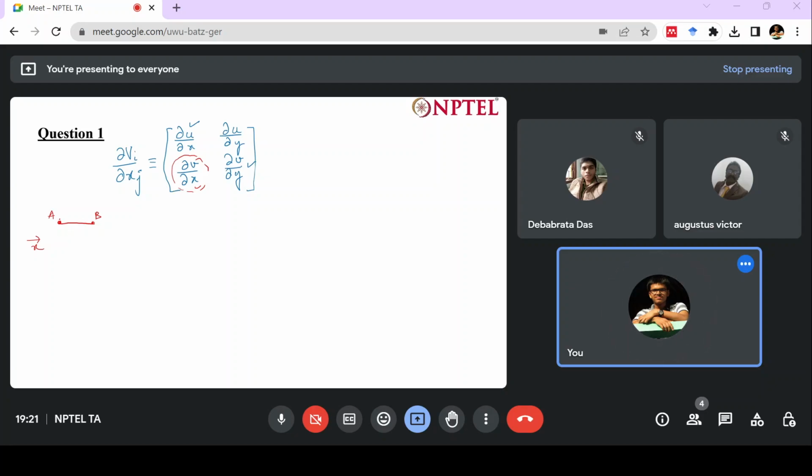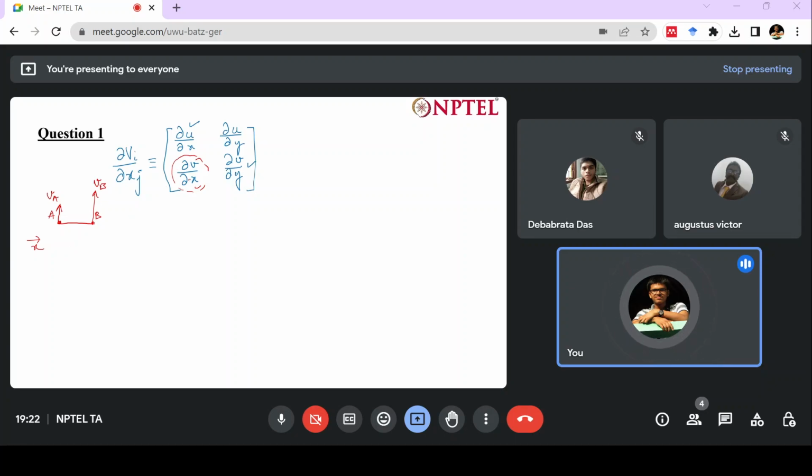Point A will have a velocity in the y direction, let's say VA, and B will have a velocity in the y direction as well, VB.